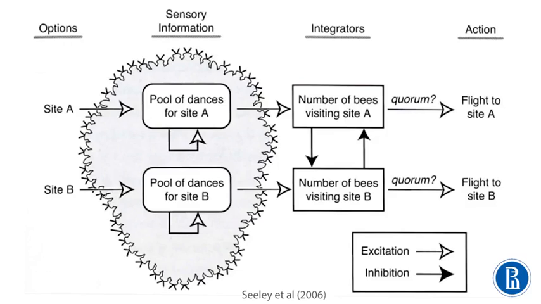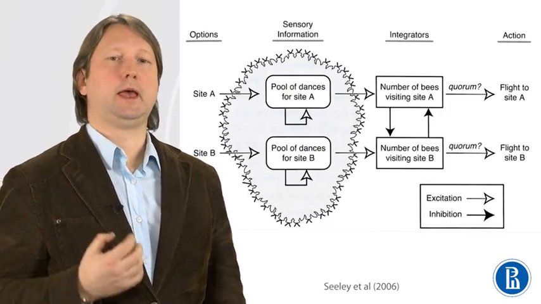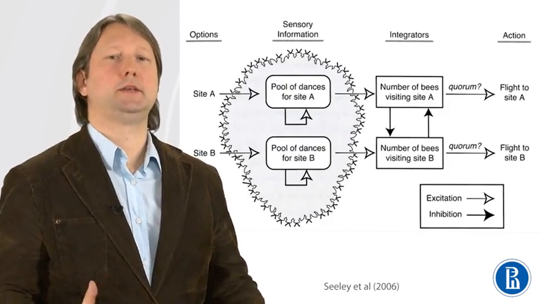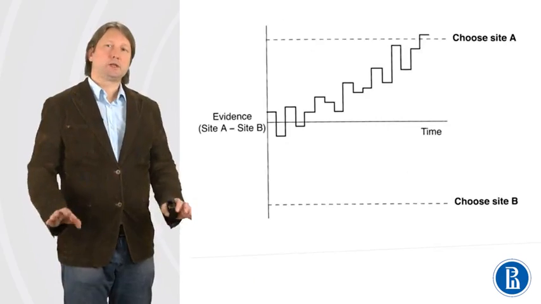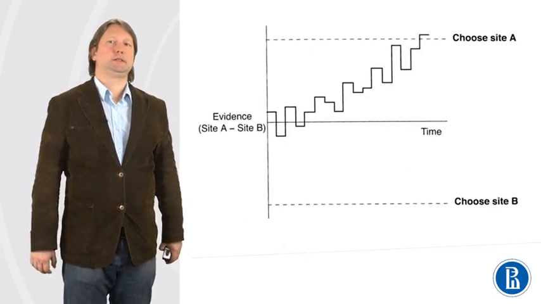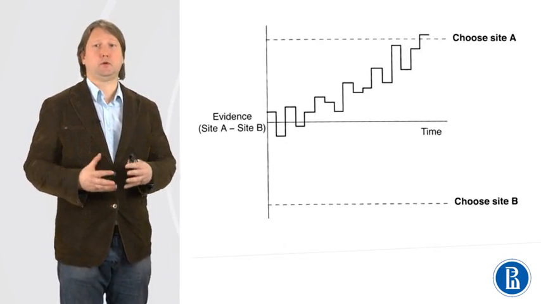These scouts go to the site advertised by other scouts, come back and engage other scouts to visit the sites. So the scouts affect each other, and at the end all scouts are engaged in the dance for the same direction. So the group decision of this young colony can be modeled as a diffusion process.